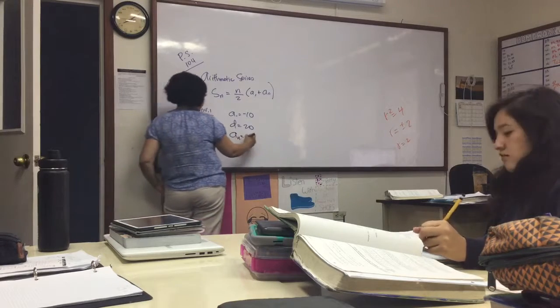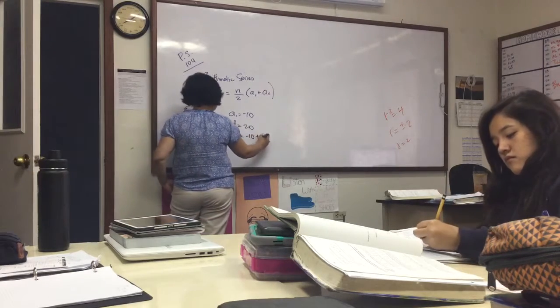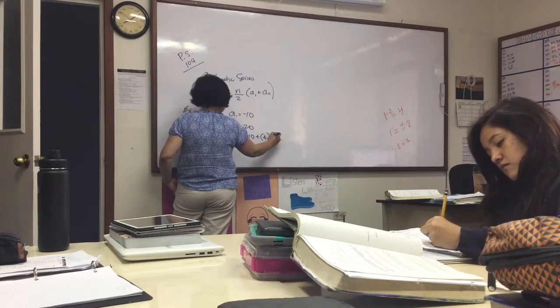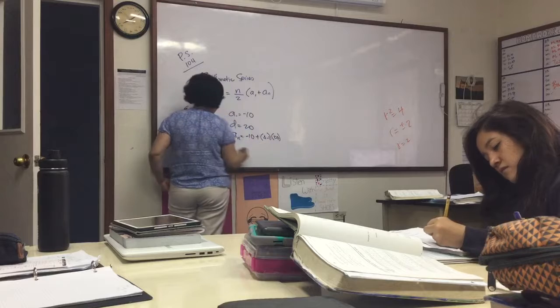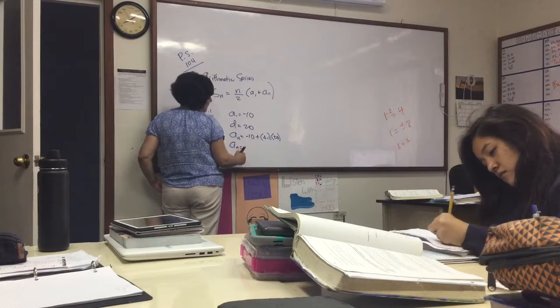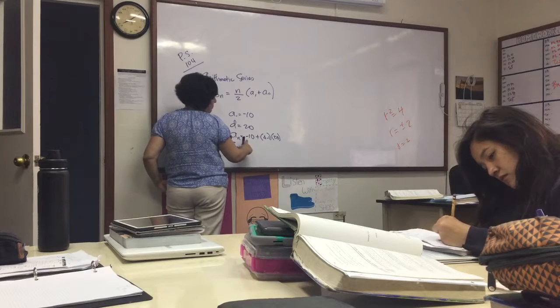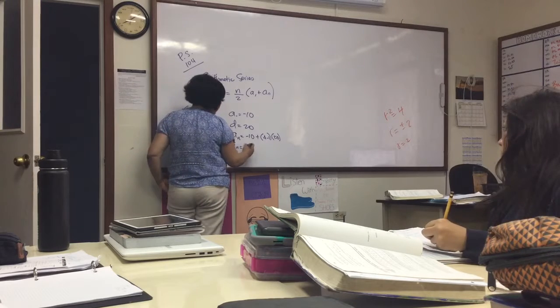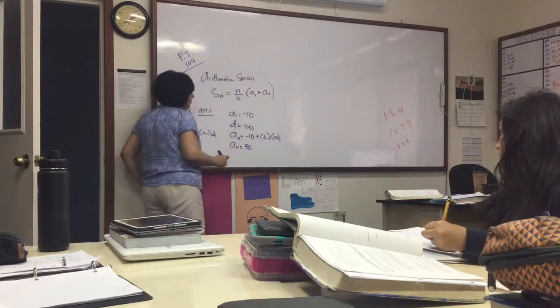Using this, you've got minus 10 plus 4 minus 1 times 20. So a sub n is going to be, 4 minus 1 is 3, 3 times 20 is 60, so minus 10 plus 60 is 50. Yeah, 50.